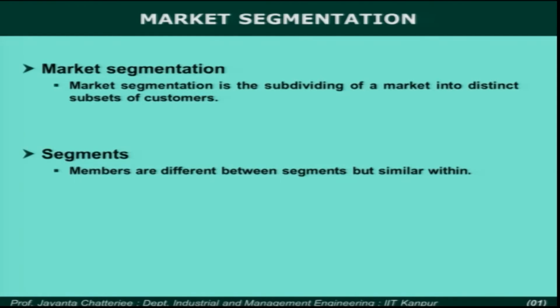Because as we have discussed, a bundle of goods and services, a product often will not be everything for everybody, but we have to actually focus on sub-segments of the total universe of markets at various stages of the product management.